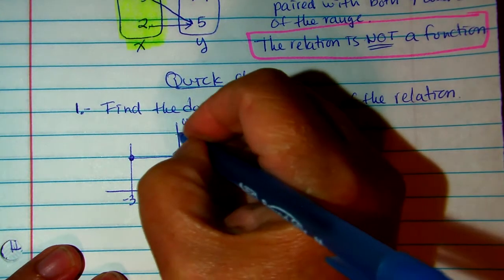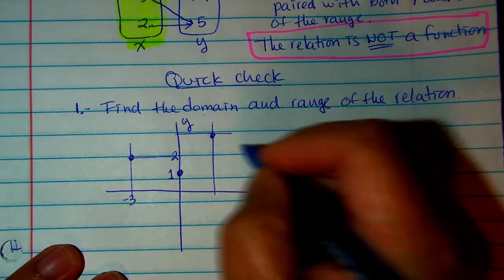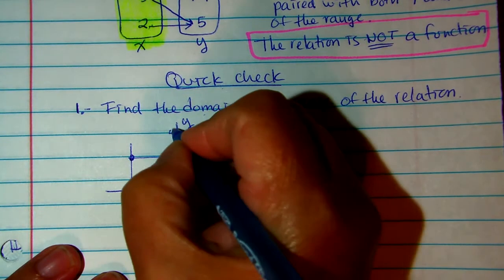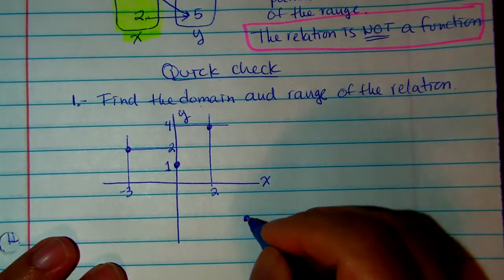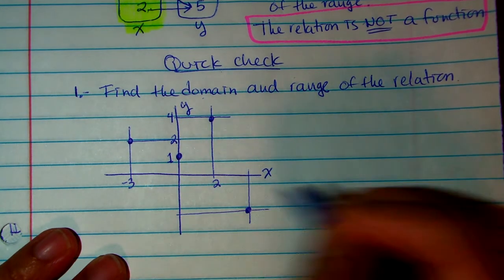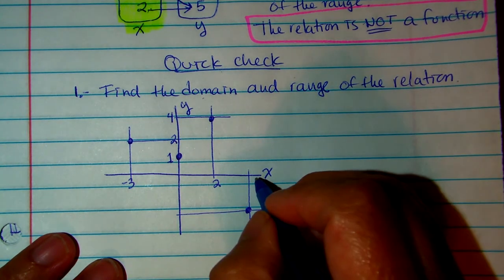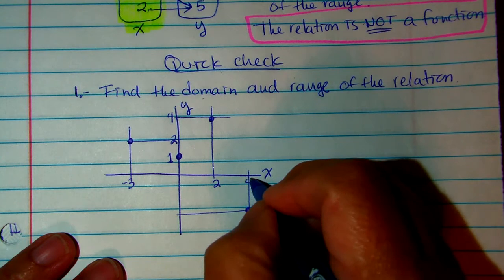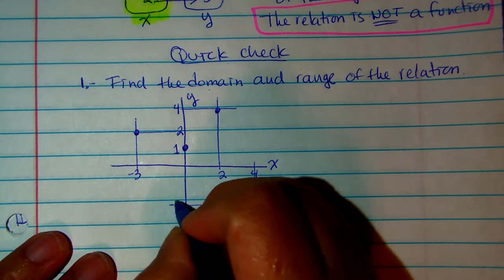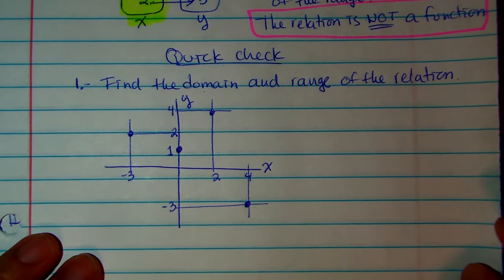This one is located at 2 and over here 4. This one, the coordinate over here is 4 and over here is -3, okay?